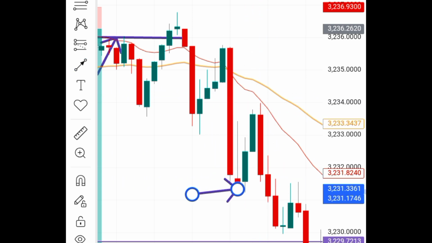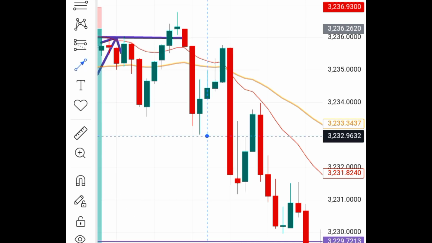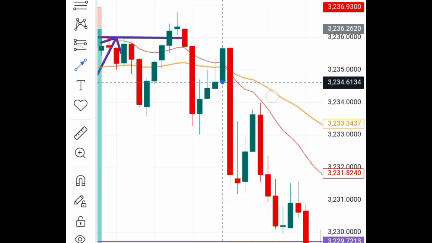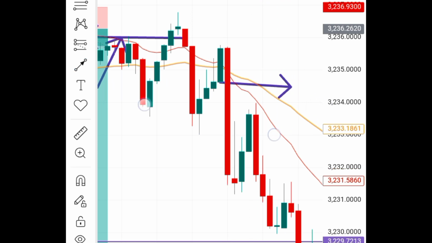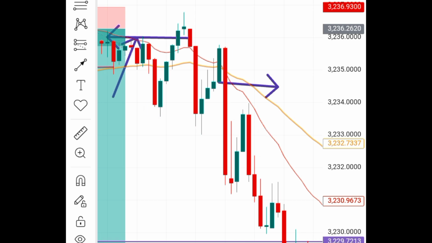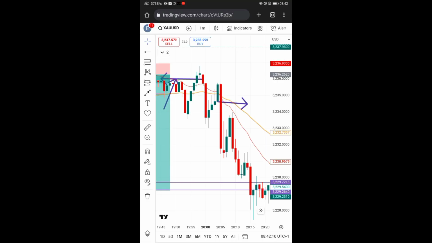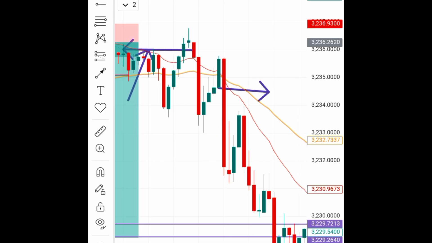So for you to really place a trade, you wait for the market to come into this zone right here, this candle that led to the engulfing. You can wait for the market to come in there to take a trade to the downside. But as you can see, the market didn't come into that zone, and you did not take any re-entry trade on this zone. So therefore, you moved on to something else.